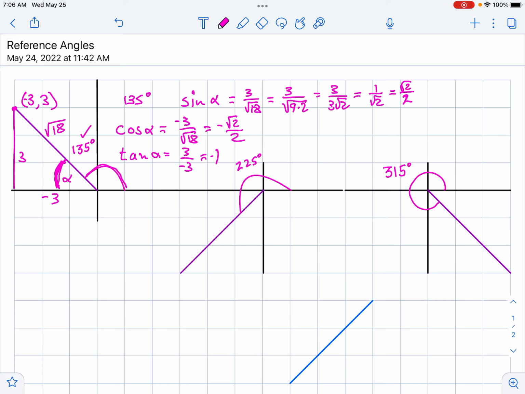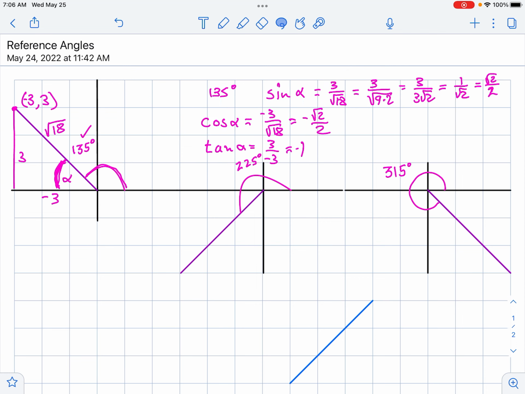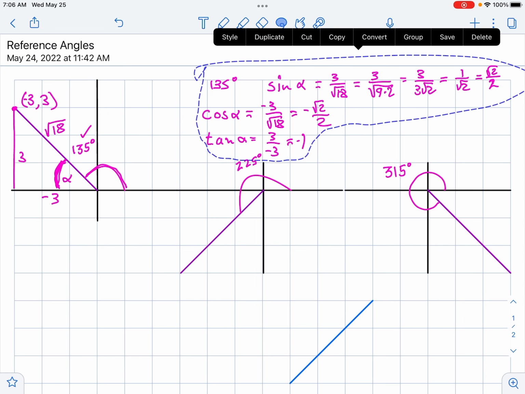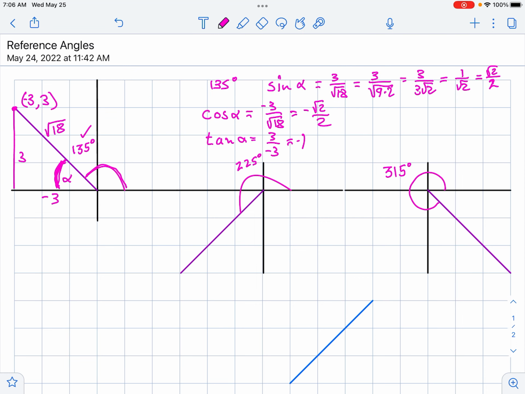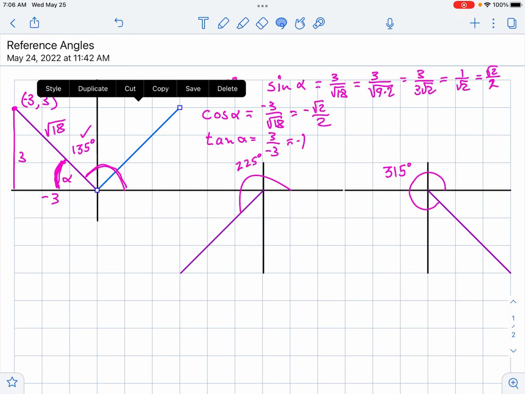Now notice the similarity here to the 45 degree angle. In fact, let me see if I can move some of this over a little bit. Think about if we were dealing with the 45 degree angle. Let's just move it up here. So this would be if we were dealing with 45 degrees.